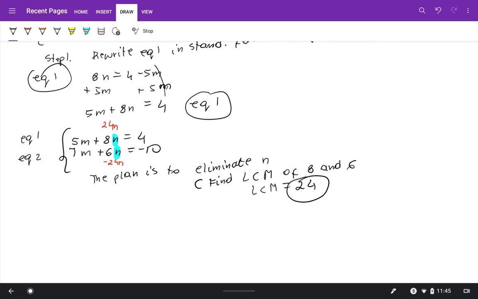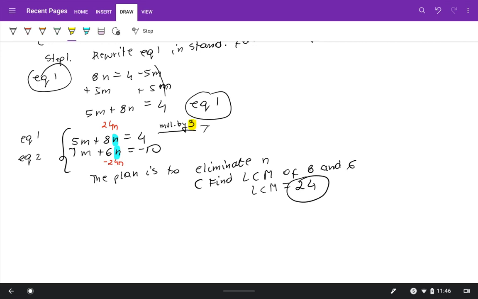To get 24n in equation 1, I need to multiply equation 1 by 3. So 8n times 3 will become the 24n.